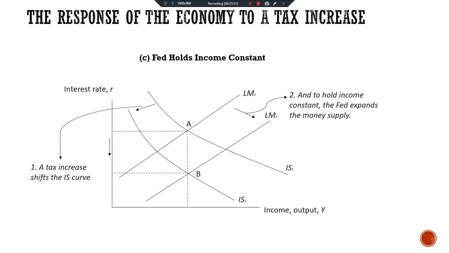The combination of tax increase and monetary expansion does not change the allocation of the economy's resources. So higher tax depresses consumption, while the lower interest rate stimulates investment. Income is not affected because these two effects exactly balance one another.